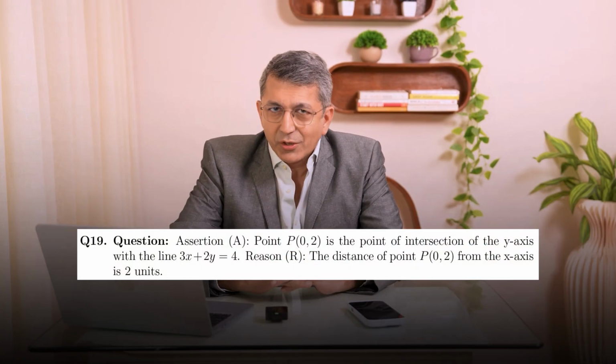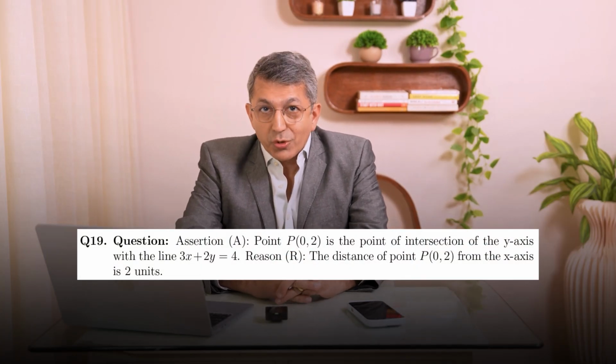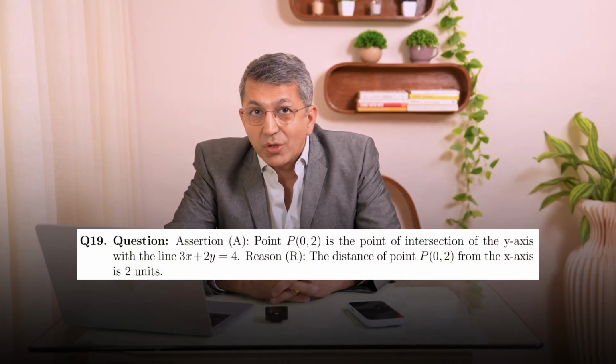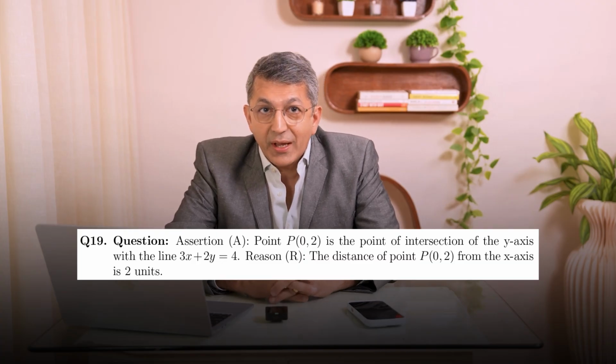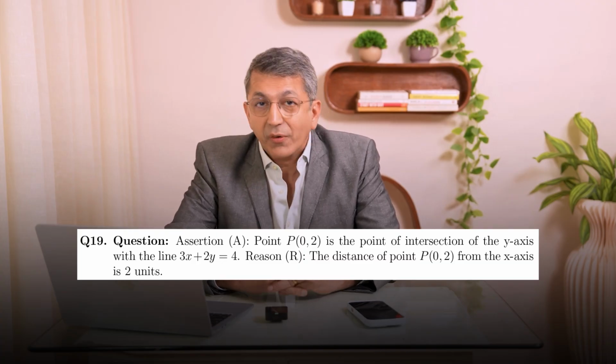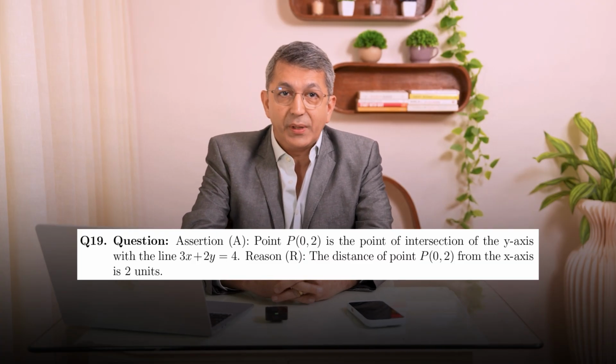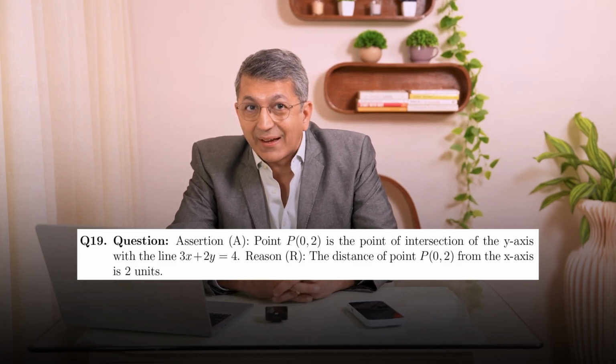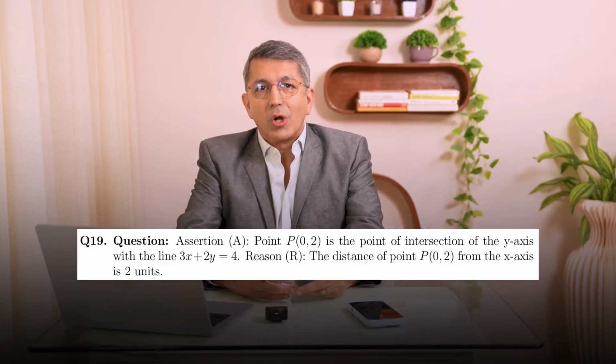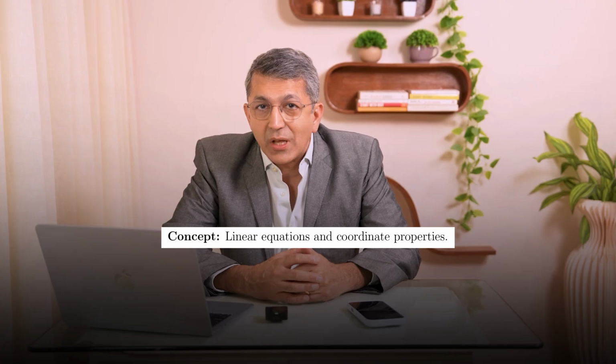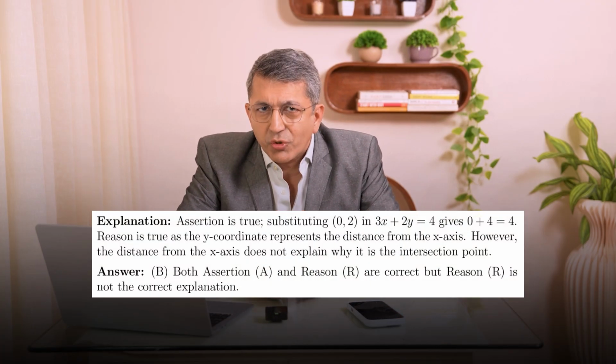Question 19, assertion A. Point P(0, 2) is the point of intersection of the y-axis with the line 3x plus 2y is equal to 4. Reason R, the distance of point P(0, 2) from the x-axis is 2 units. Concept, linear equations and coordinate properties. Explanation. Assertion is true.